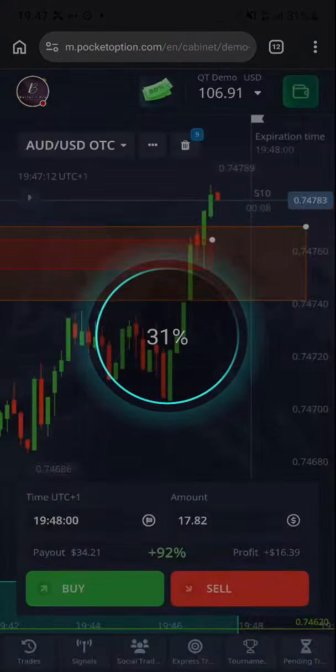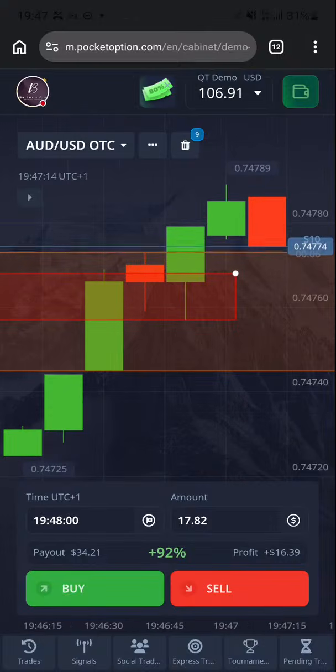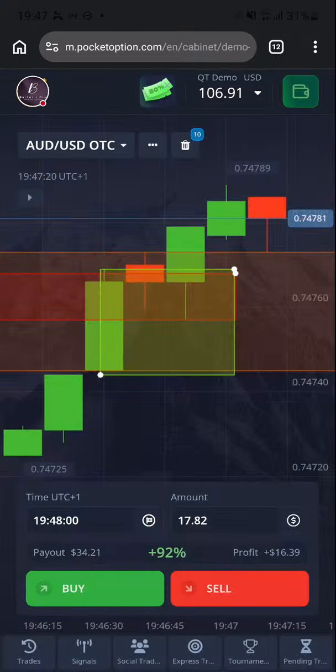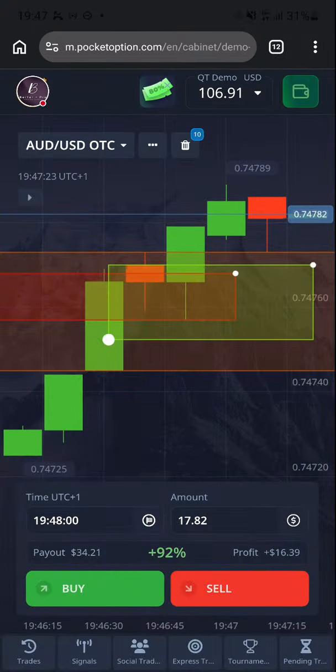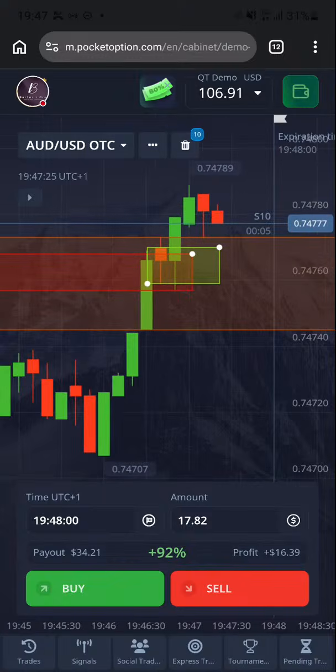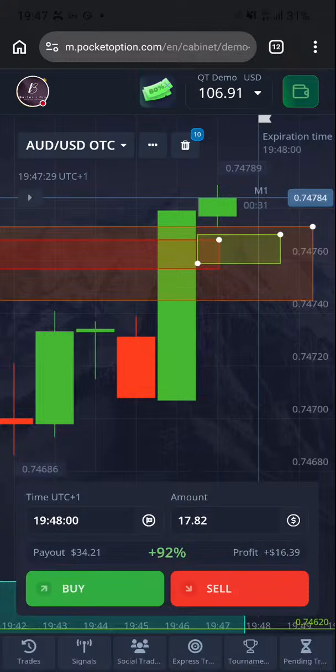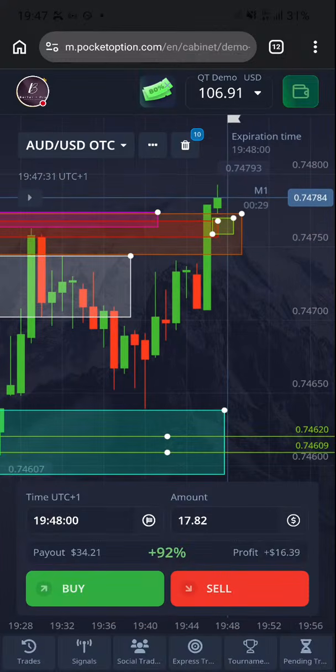Let me check S10. Okay. Now I can go with the buyers if price comes down here. If price comes to this area, I will go with the buyers. But if price doesn't touch this area, I'm just going to stay on my own and not go with the buyers.